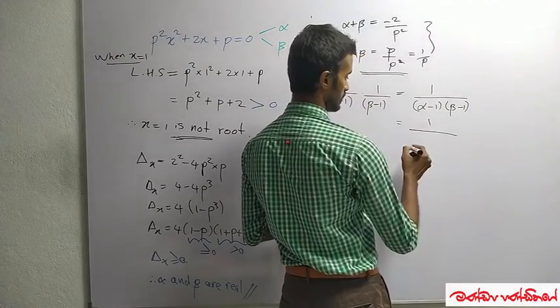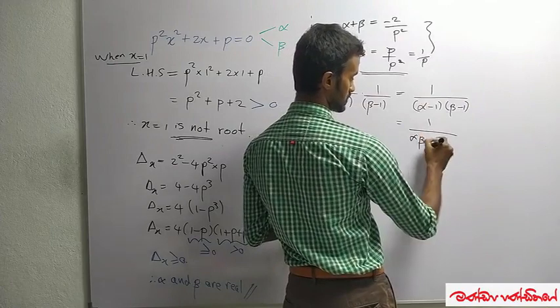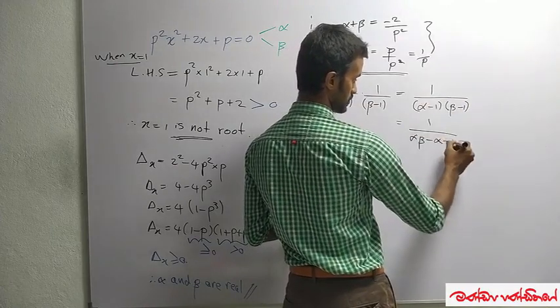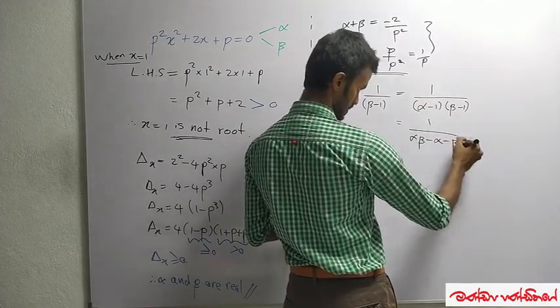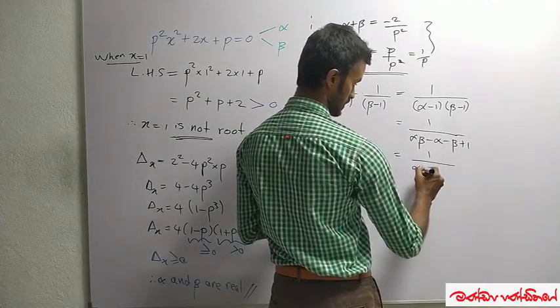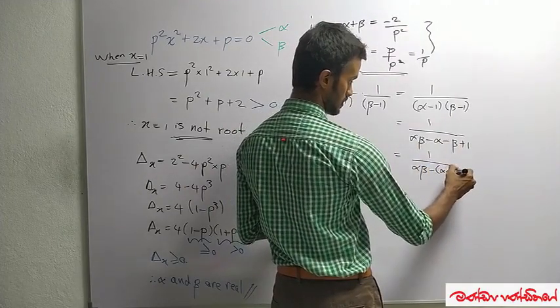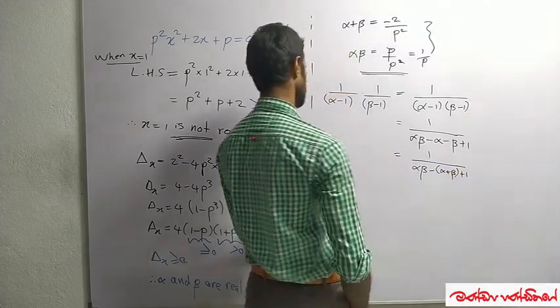When I expand, alpha times beta is alpha beta, alpha times minus 1 is minus alpha, minus 1 times beta is minus beta, minus 1 times minus 1 is plus 1. It equals 1 over alpha beta, taking minus out, minus alpha plus beta, plus 1.